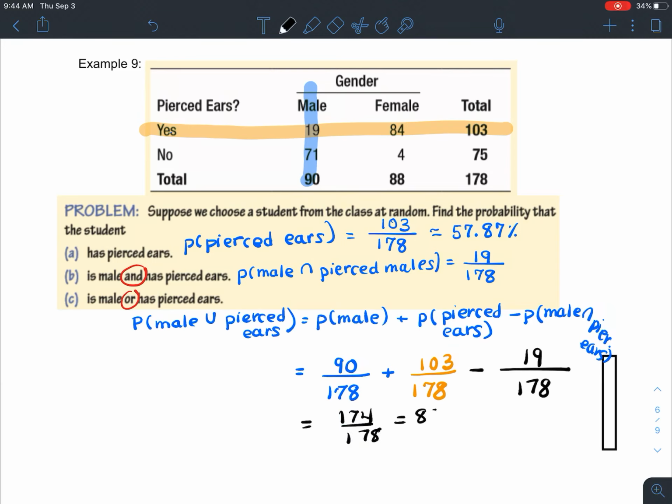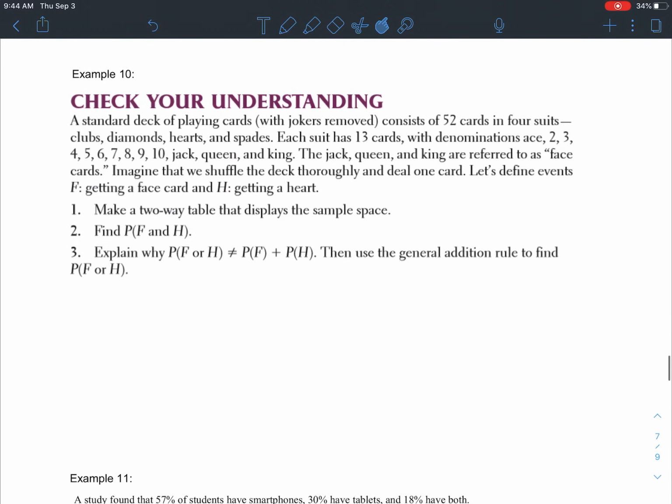Okay, these all have the same denominator, so we can just go across and do 90 plus 103 minus 19. We get 174 over 178. If you were going to reduce it, that would reduce to 87 out of 89 there.